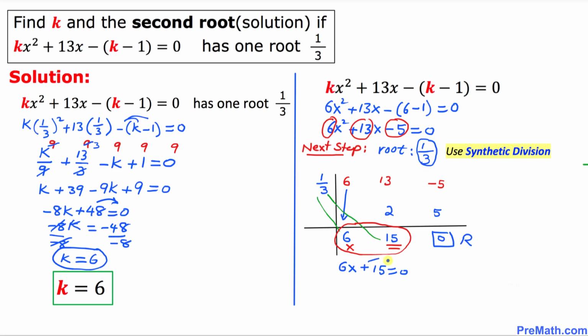Let's move this 15 to this side, so 6x equals negative 15. Divide both sides by 6. So this 6 and 6 is gone, and we end up with x equals negative 5 over 2, after reducing.